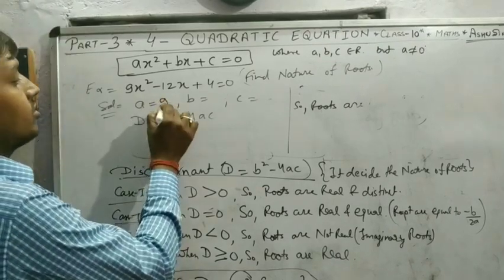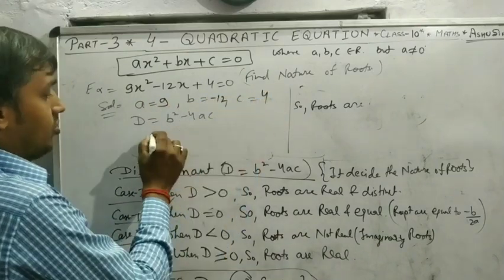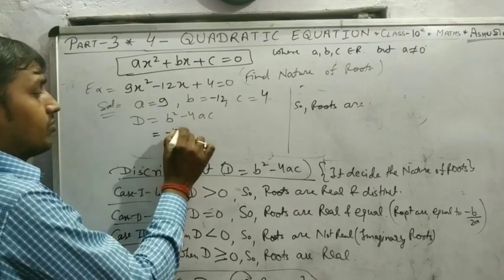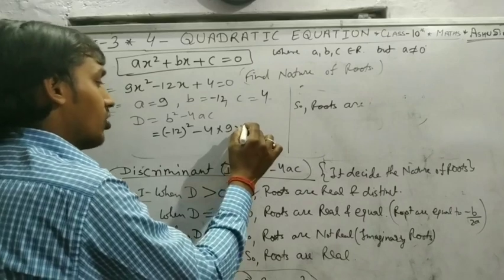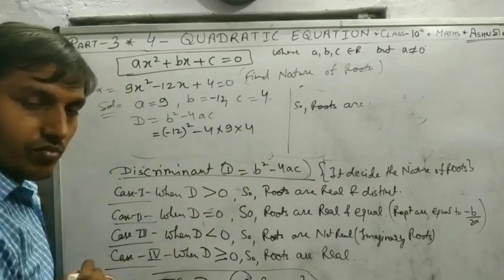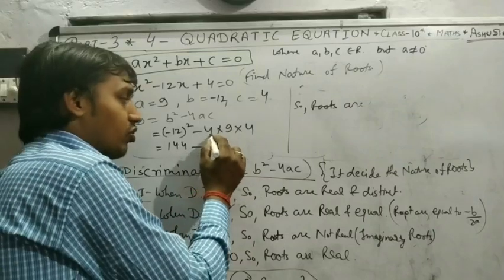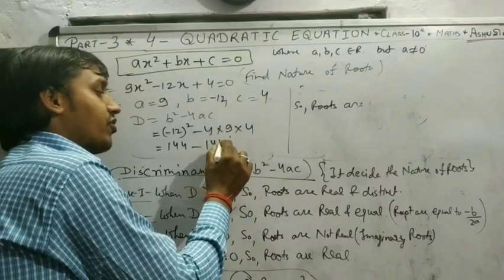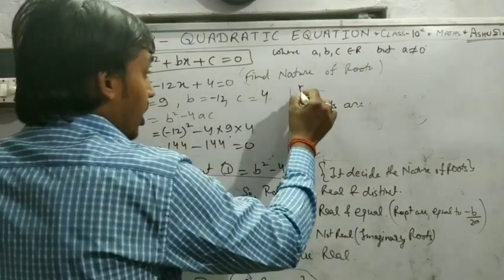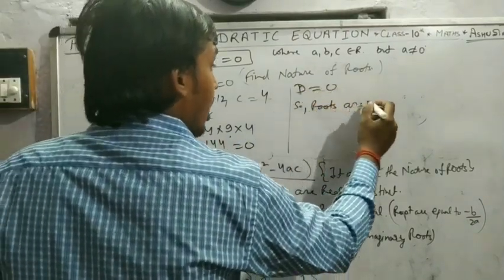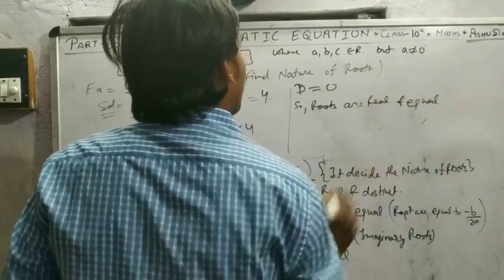A is equal to 9, b is equal to minus 12, c is equal to 4. b, minus 12 square, minus 4 into 9 into 4. 144 minus 144 is equal to 0. That means D is equal to 0. So roots are real and equal.